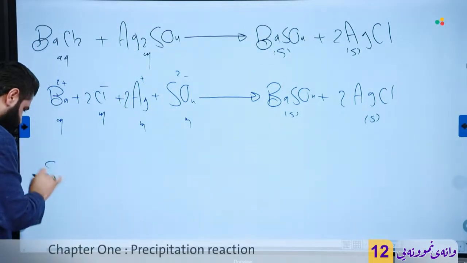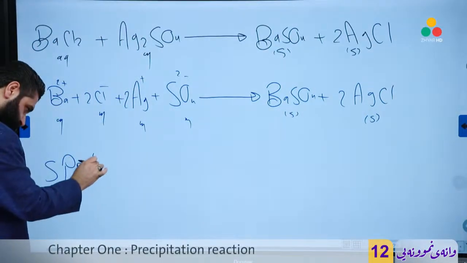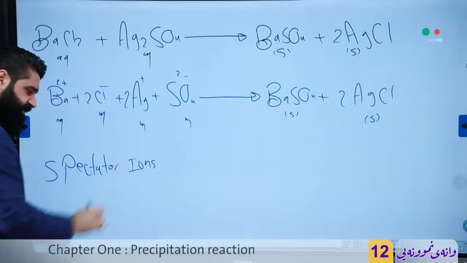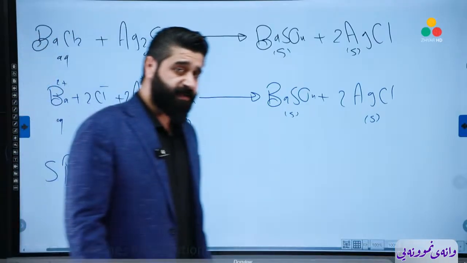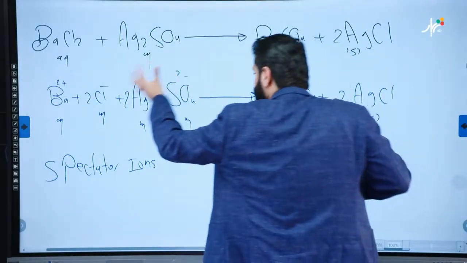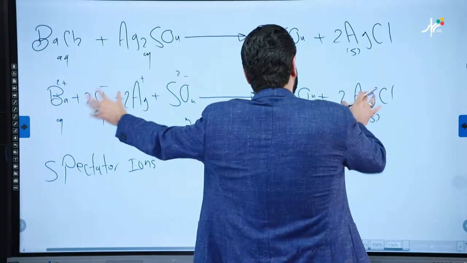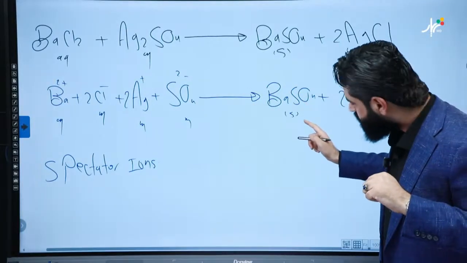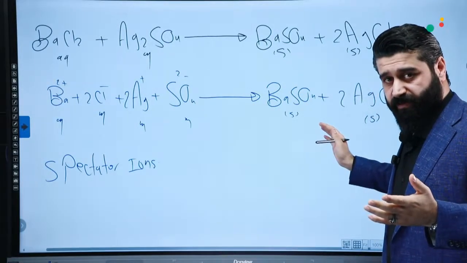So how about the spectator ions? Is there anything like a spectator? How were the spectator ions? Ions that stay aqueous before and after the reaction. Is there something aqueous here and here? No. Everything changes.